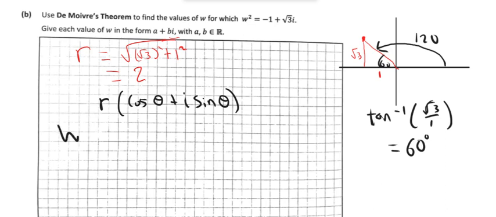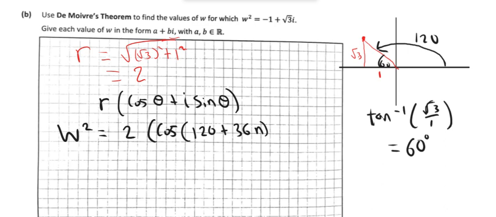So let's see, w squared is equal to 2, because 2 is r, times cos, and then we're putting in the angle. What you have to do here is put in the general form for De Moivre's theorem. Theta was 120, you have to put plus 360n, and that allows for the other times that we go around.